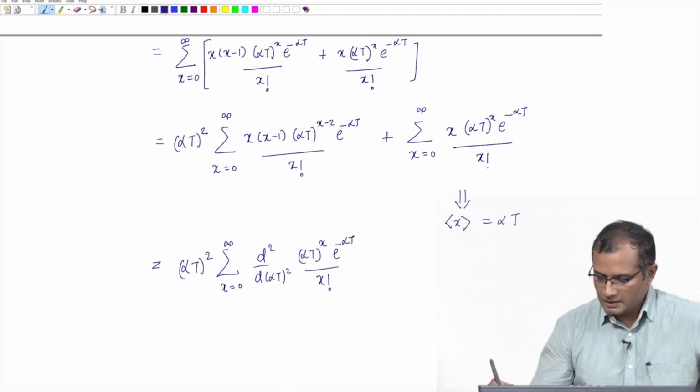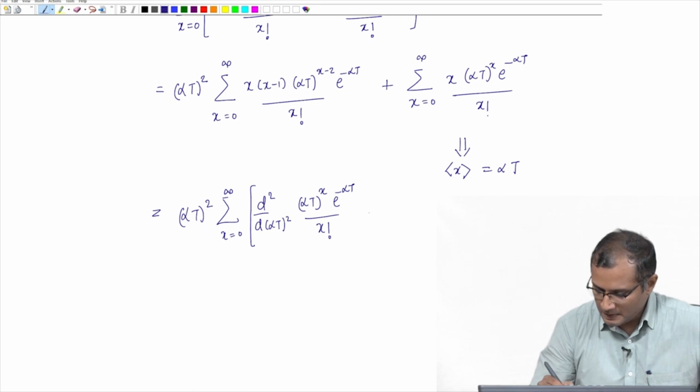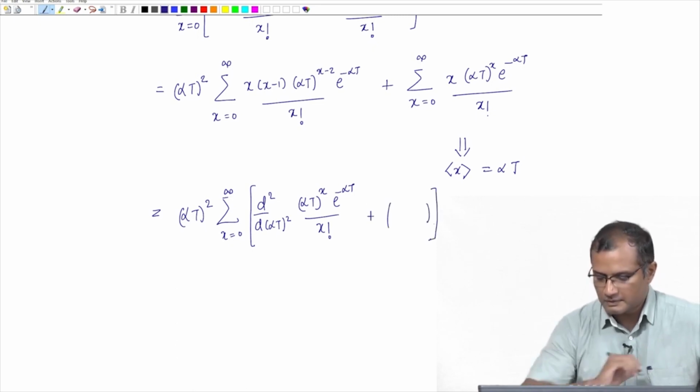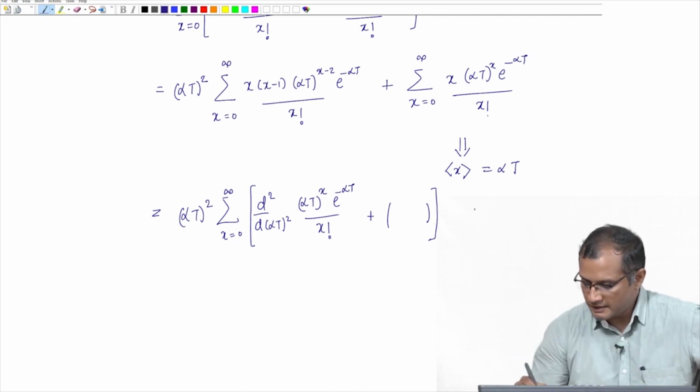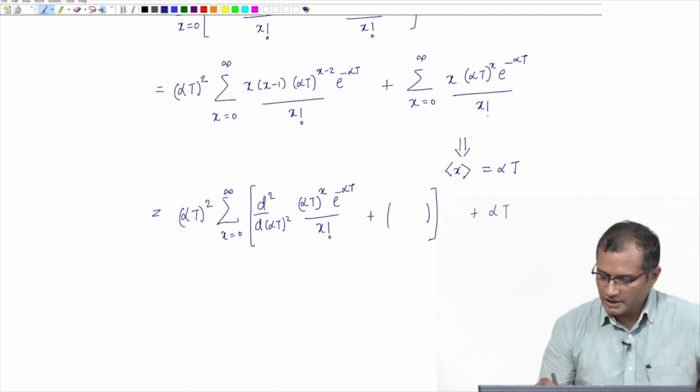Okay. I have to add a few things here, and finally, basically I have to add an alpha t, which is from the second term. Okay. So, you can compute what needs to be added here.